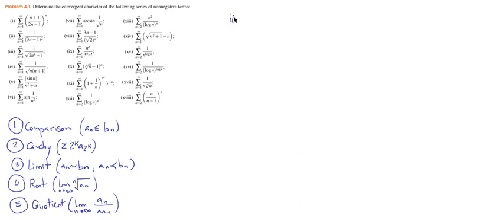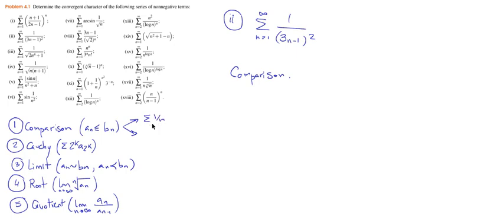Series number 2 is the sum from n equals 1 to infinity of 1 over (3n minus 1) squared, right? We can do 2 tests here. We can use the comparison test. For the comparison test, remember that we have two series: the sum of 1 over n, the harmonic series, which is divergent, and 1 over n squared, which is convergent.